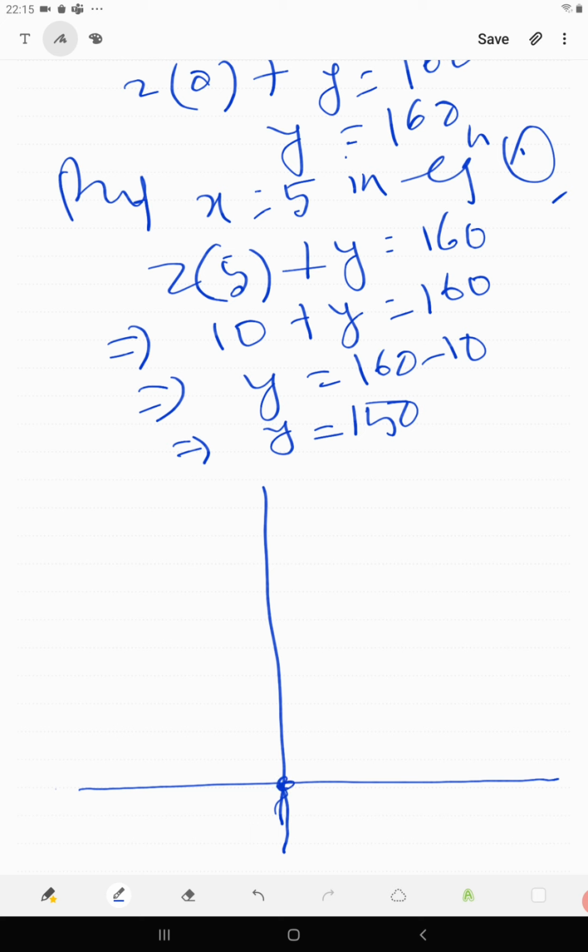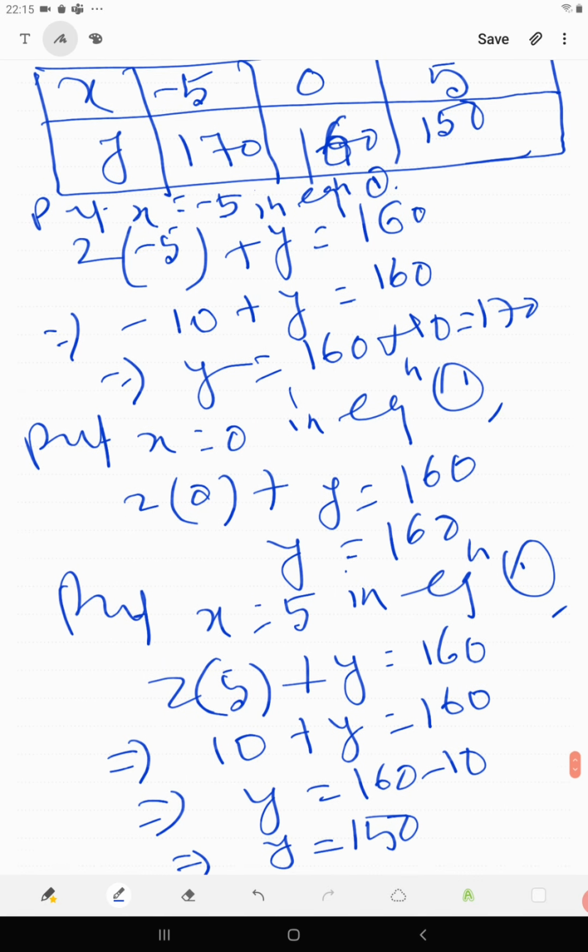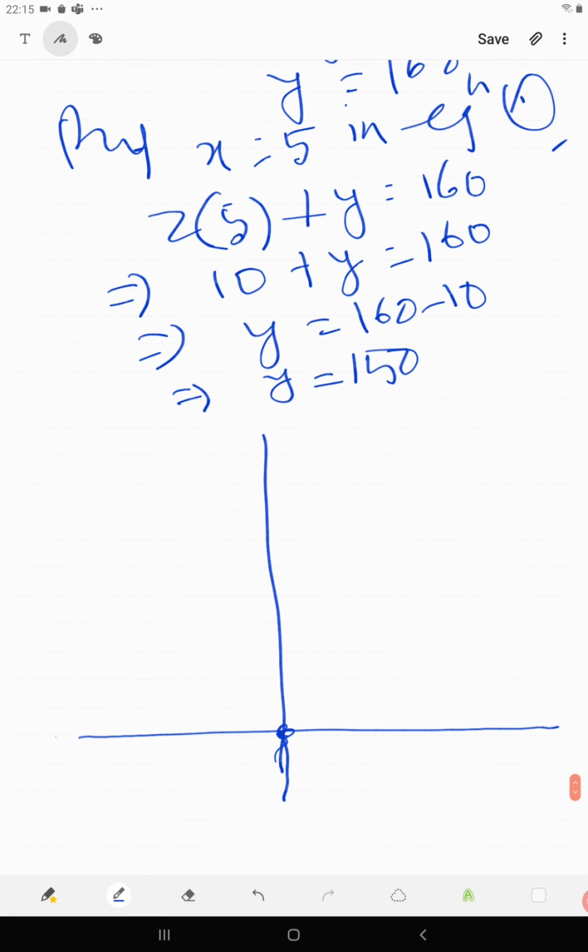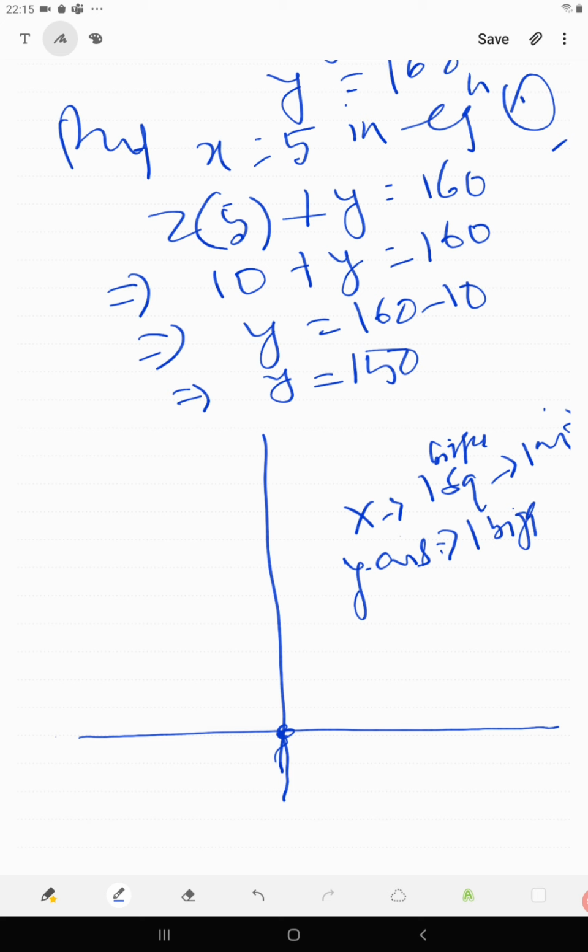So that the bigger unit, if you are taking the 17 unit, so in the x-axis, one bigger square you take as 1 unit, and in the y-axis you take one bigger square equals to 10 units.